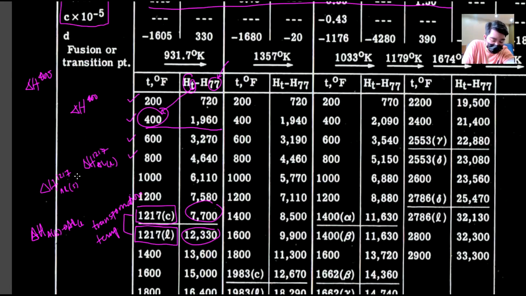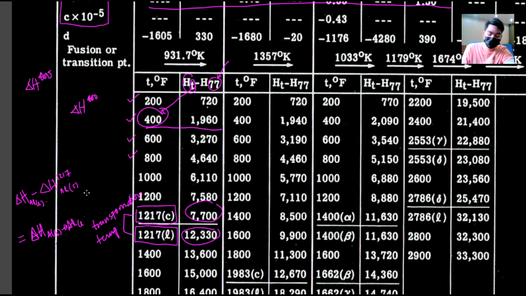So that's saying that if you get the difference between the two of them, like such, balik rin natin kasi final minus initial. So that's delta H ng aluminum liquid minus the delta H of aluminum solid is just equal to the delta H of transformation from solid to liquid. Tama?